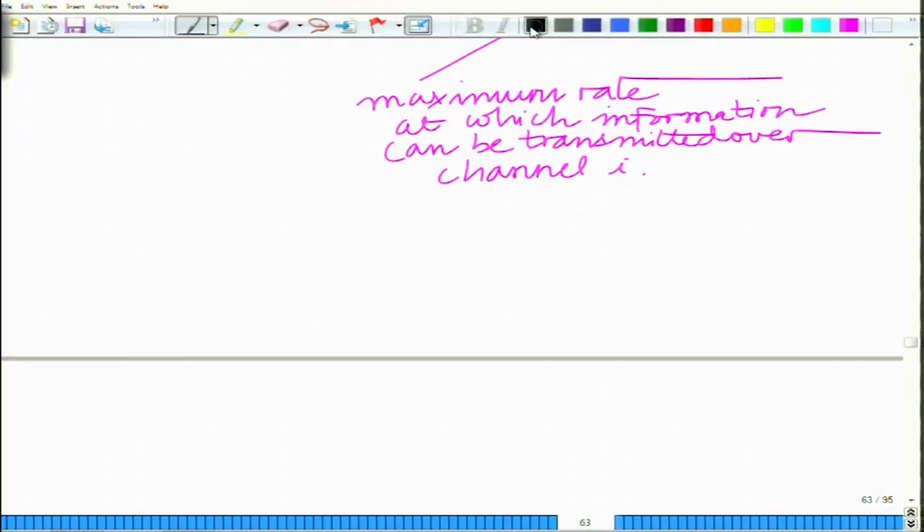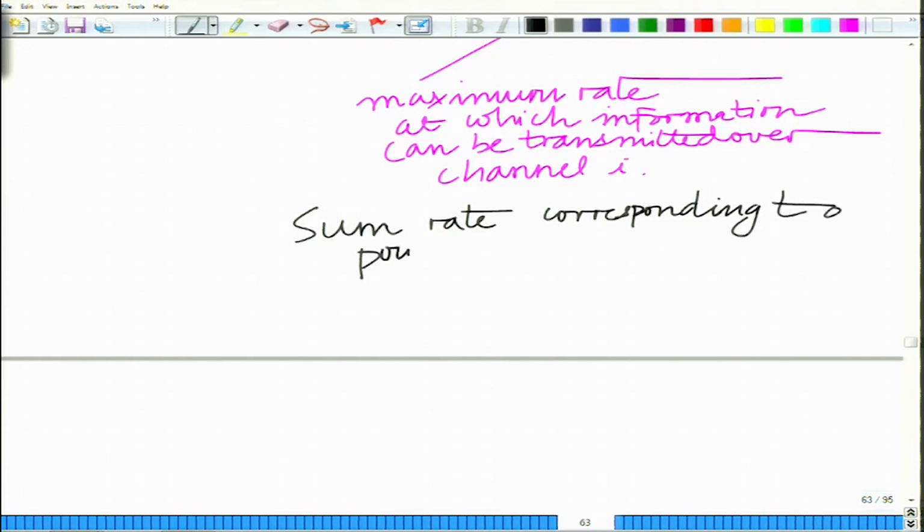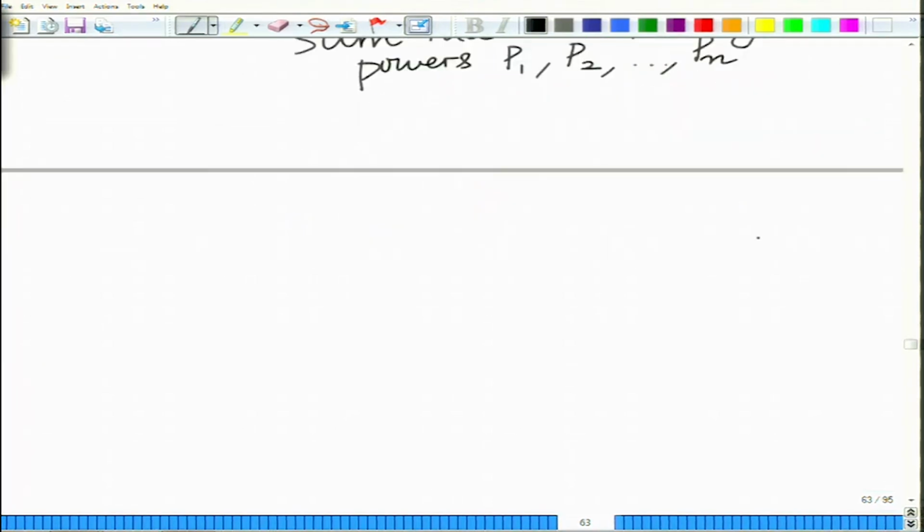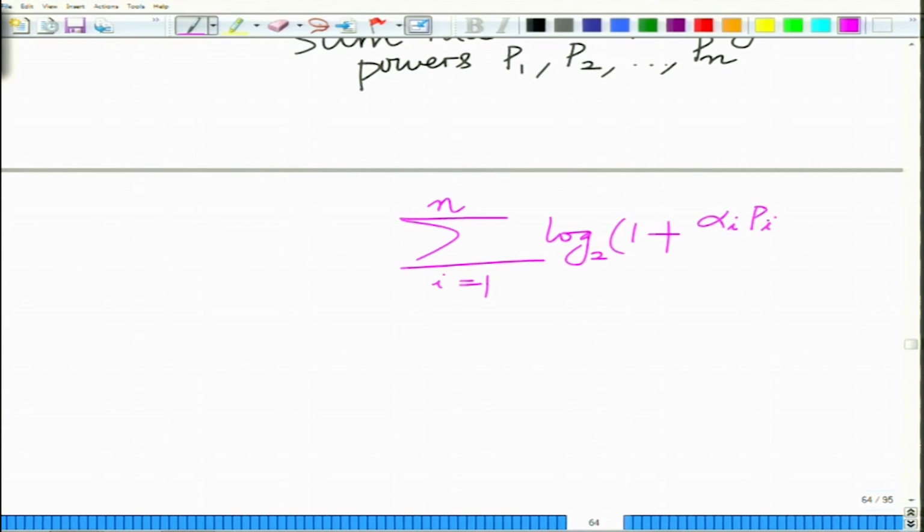So, the maximum sum rate corresponding to this power allocation, corresponding to powers P1, P2, Pn, will be given as the sum of the individual rates, sum i equals 1 to n log to the base 2 of 1 plus alpha i Pi divided by sigma square.